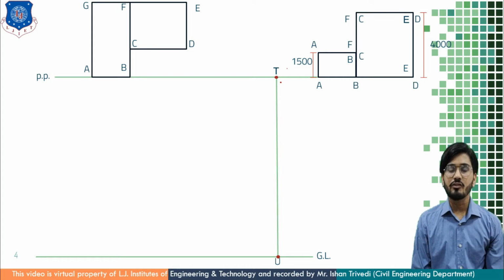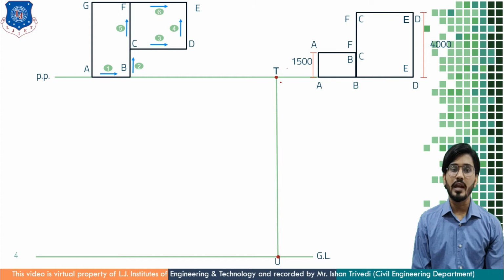Now I will tell you the sequence of your drawing. First, I will start with A to B, then B to C, that is my second step, then C to D, then D to E, then B, C, F. As I said earlier, B, C, F are the same line, so whenever we are marking this, we will consider that B, C, F are the same line.